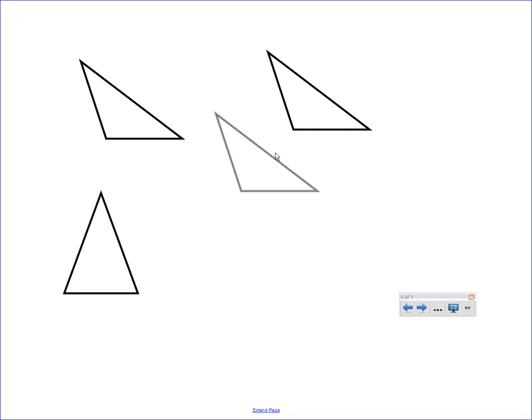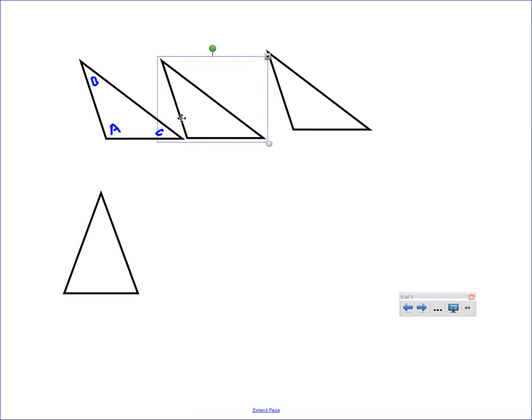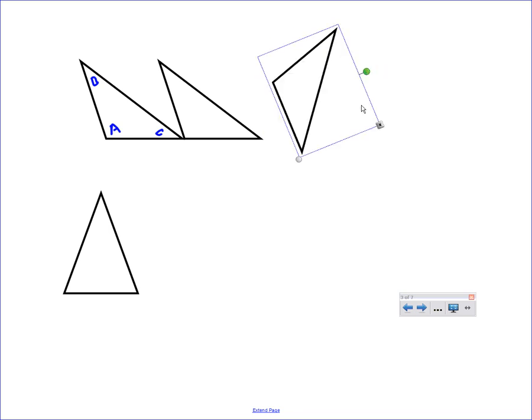I'm going to get my pen back and label this angle A, that angle B, and this angle C. Then I'm going to line this triangle right here as close next to it as I possibly can, and take this triangle right here and turn it upside down.